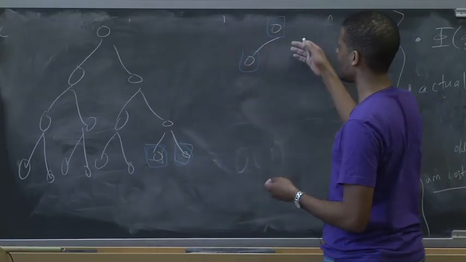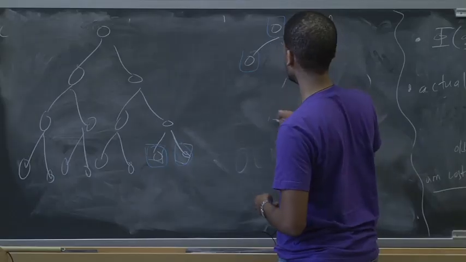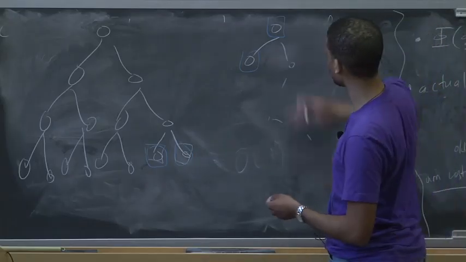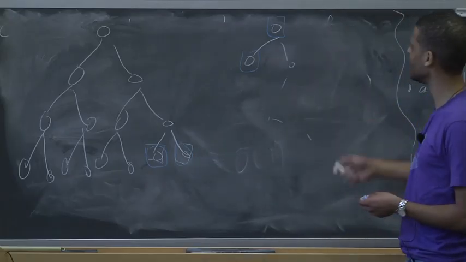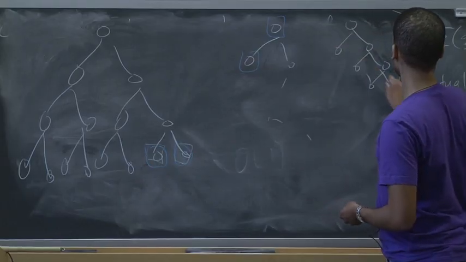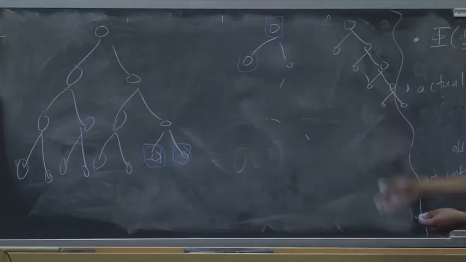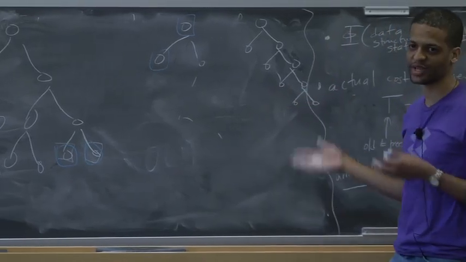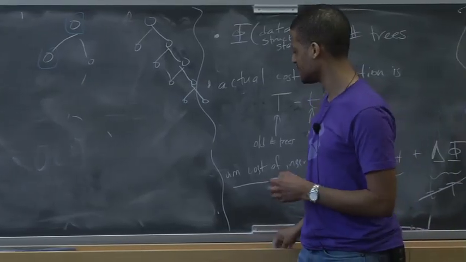Everybody else you don't really care about. They can be wherever you want. You can make funny shapes. You can make it a perfect path, or you can make it look like this, really imbalanced, just going down like that. There are sets of frequencies where this is the optimal tree to build.